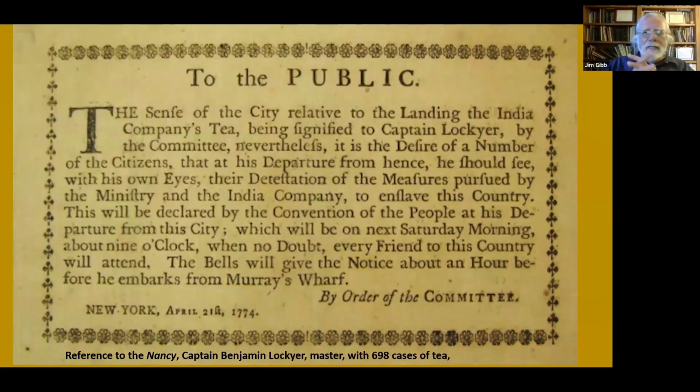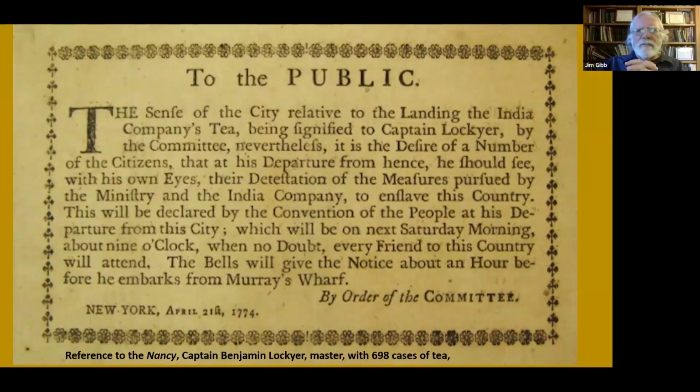Elsewhere in New York, we get this poster from April 21st, 1774, and I'm going to read this to you. The ship, the Nancy, a British ship, a merchant ship, had arrived in New York Harbor, and Benjamin Lockyer was the captain of that ship.